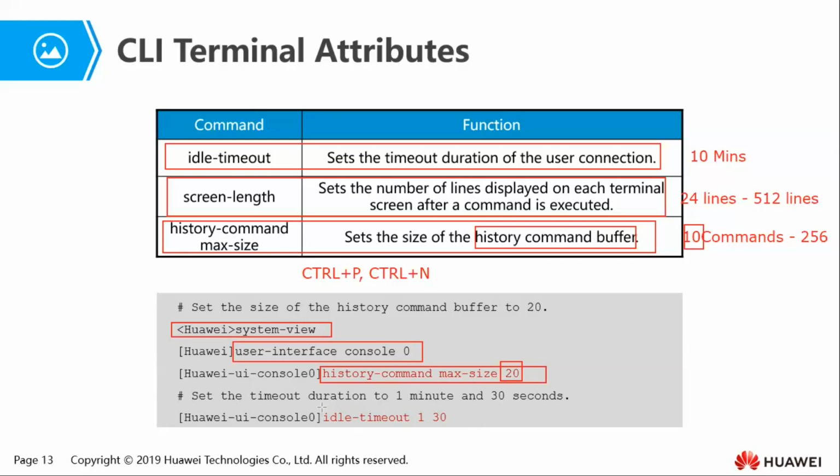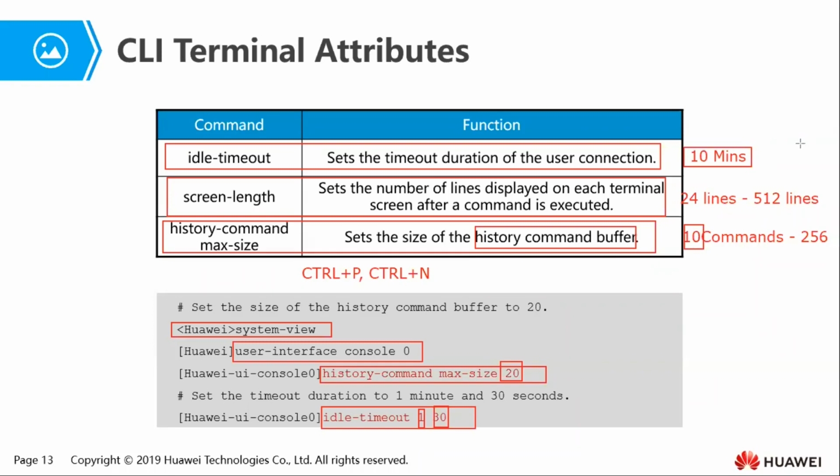In this particular example, we are also setting the idle timeout. We set it using the keyword idle-timeout, then the number of minutes and the number of seconds. It is recommended that you put this at a lower value, actually lower than the default, as that will improve the security of your system.